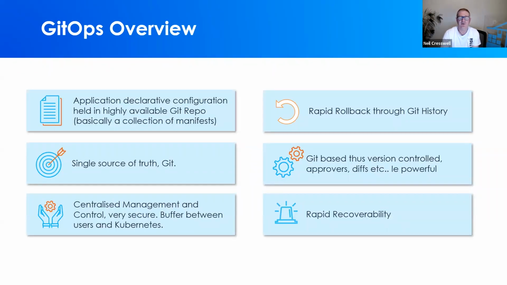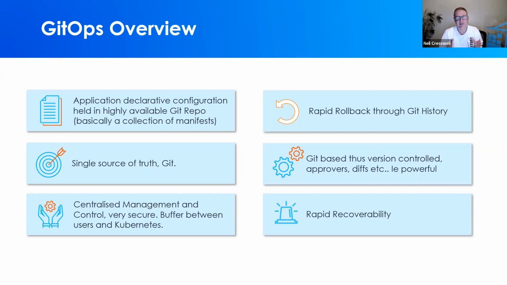So, GitOps overview, and I'm sure if you're in this session, you've probably heard of GitOps by now. It's pretty much flavor of the month, but it's all about declaring how the application is to run. So you say, I want my application to look like this. It's to be deployed this way. It's to have X replicas. The actual deployment is left up to the underlying platform.